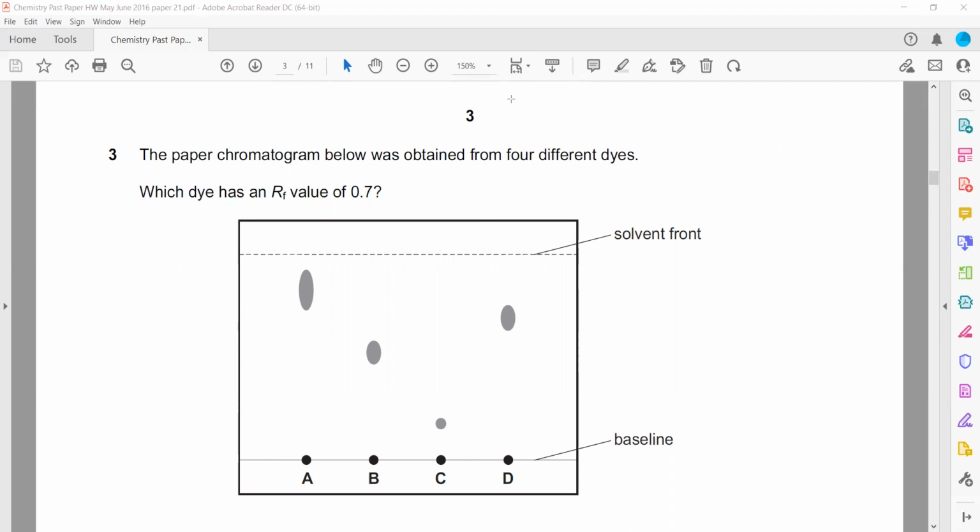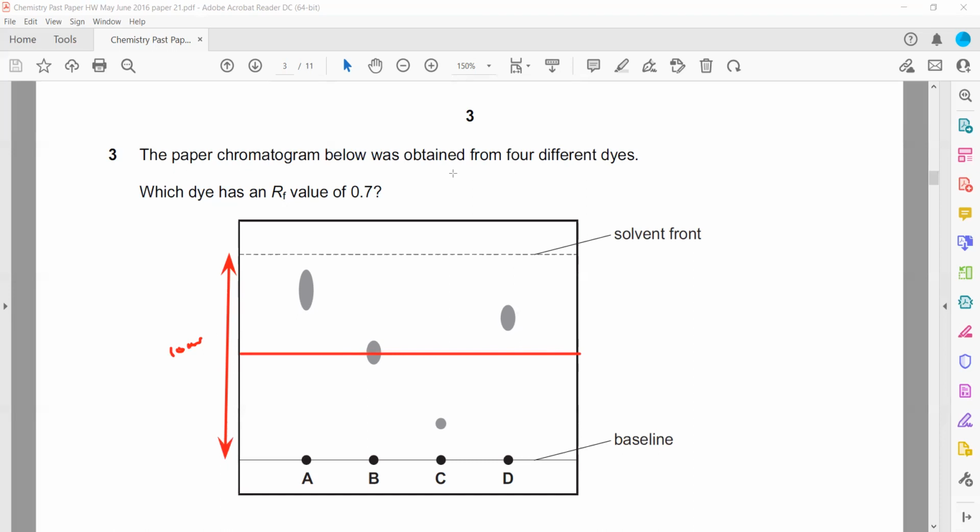Or there is another way to identify the right answer. For example, if the solvent distance from the origin is 10 centimeters, we draw a line at the center.